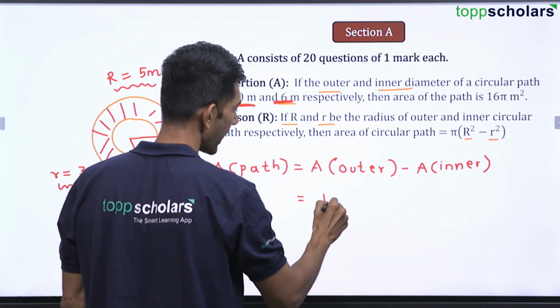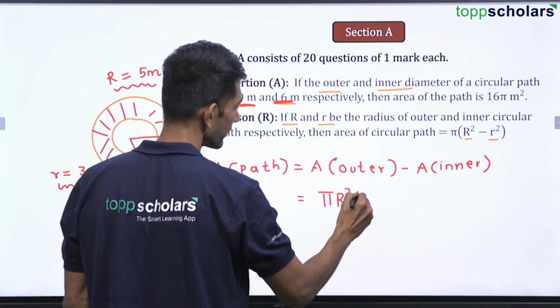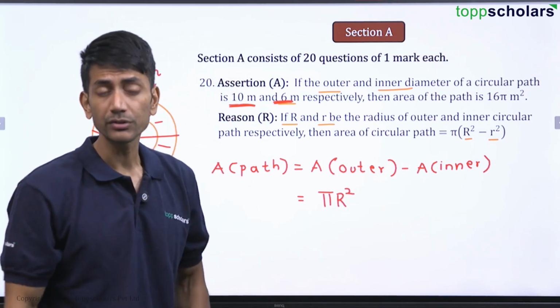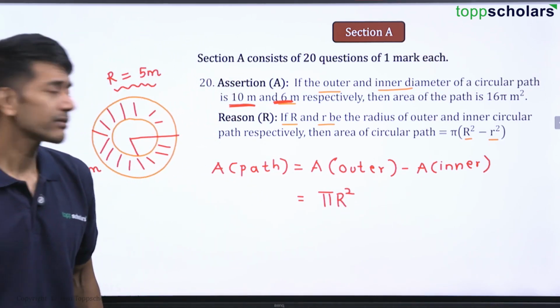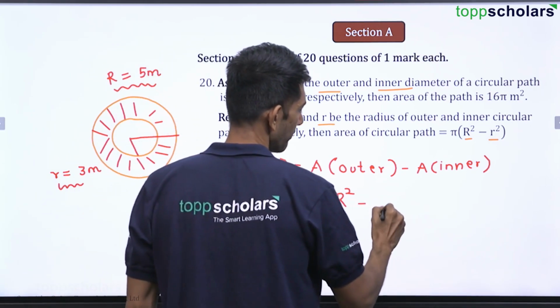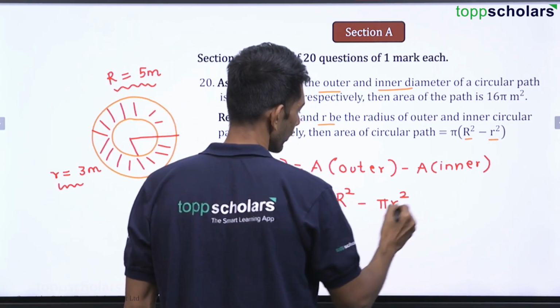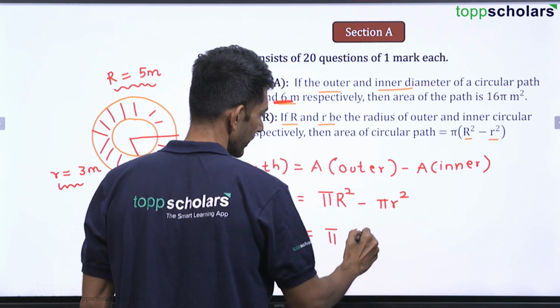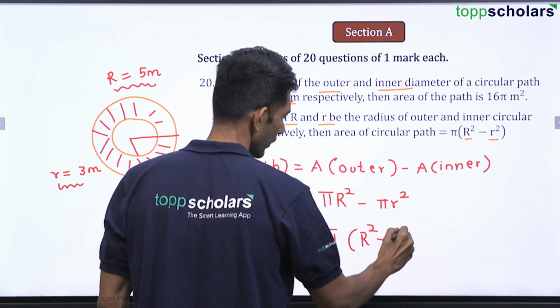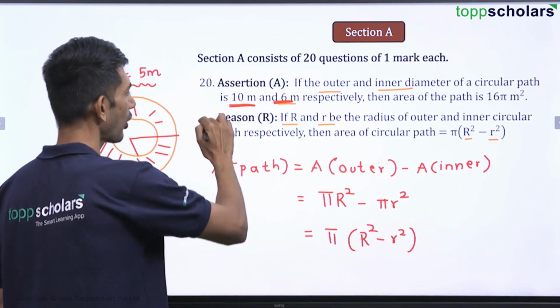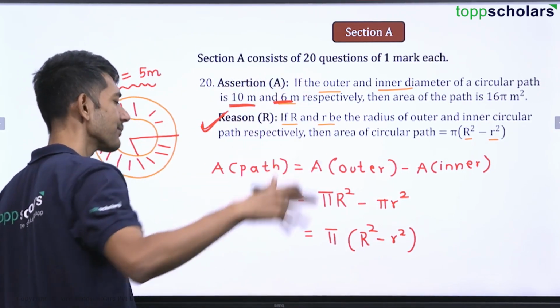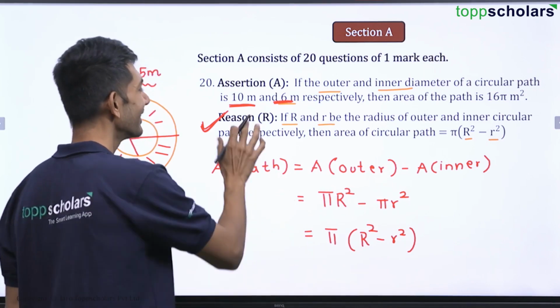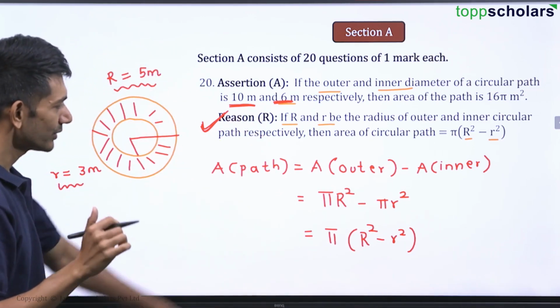Can I say it is pi R square, because area of the circle is pi r square, but capital R square because capital R is the radius of the outer circle, minus pi small r square. Can I take pi common? This becomes R square minus r square. See, this tells me that option B is definitely, option B as in the reason, not option B. The reason is definitely true. That is exactly what we get.